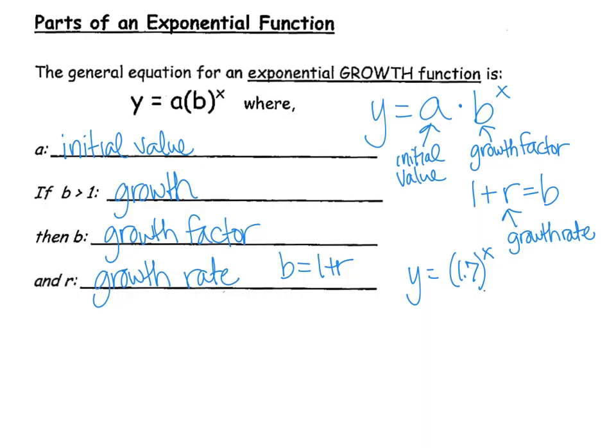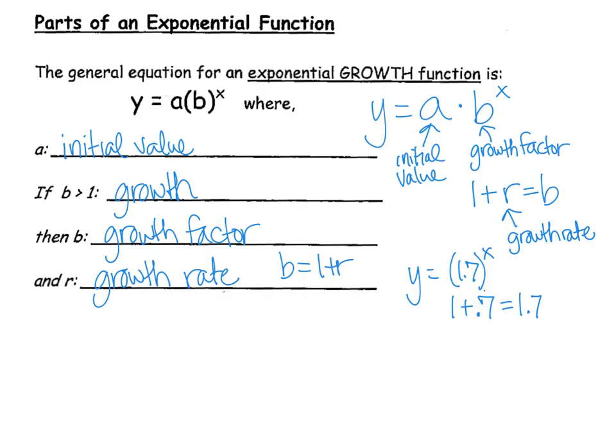I have 1.7 in parentheses, that's my B. 1 is the number that I have to have, but how much more than 1? So it's 0.7 more. 0.7 would be my growth rate for this example.